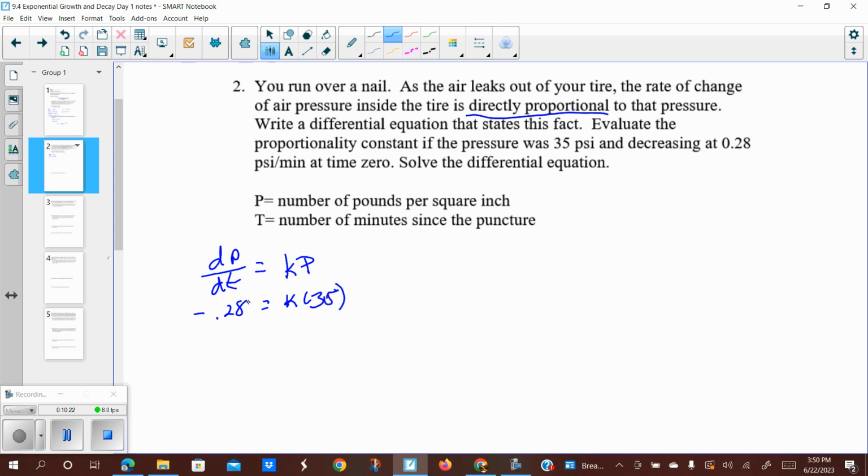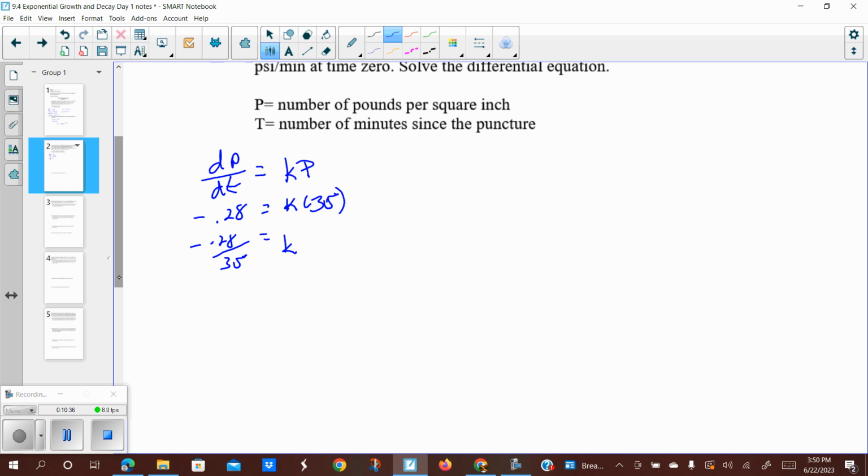So we need to solve for K. We'll divide both sides by 35. We get negative 0.28 over 35. I do realize most of you are probably going to just use your calculator to simplify that. You can do it without. You realize that 28 and 35, ignoring the decimal for now, 7 goes into both, so it can be reduced. We can divide both the top and the bottom by 7, which would give us negative 0.04 divided by 5. Again, this is only if you had to do this without a calculator.